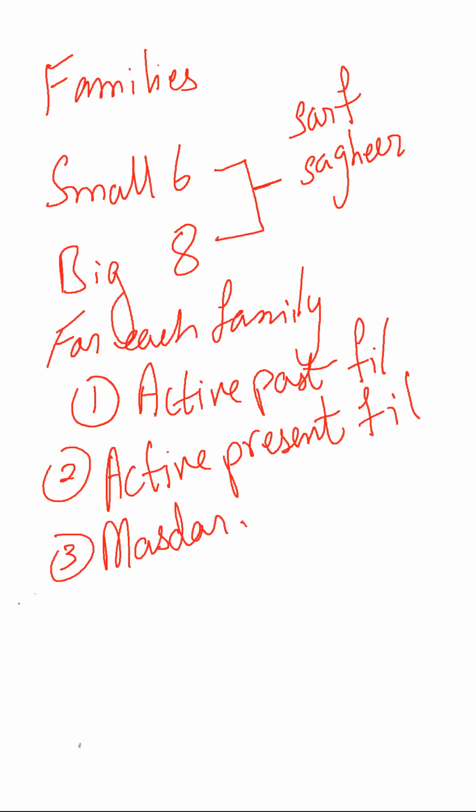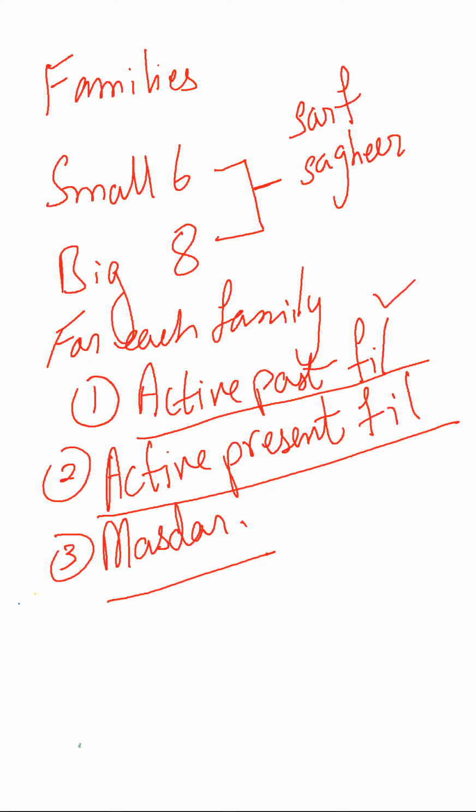So you only need to learn the first 3 words of each of the Sarf Saghir, because the past passive you make from the active past. Then from the present active, you make the passive present.